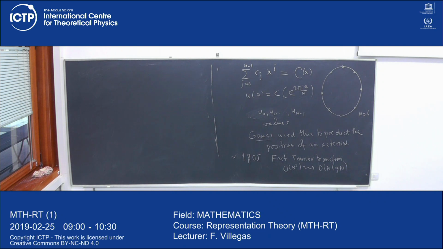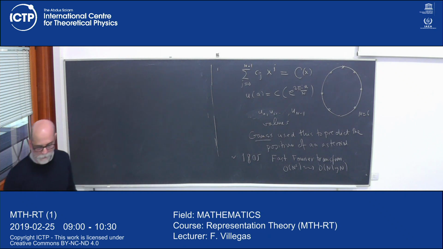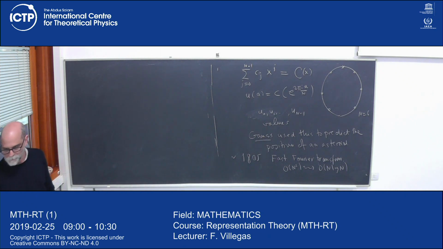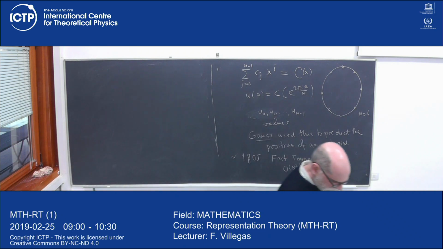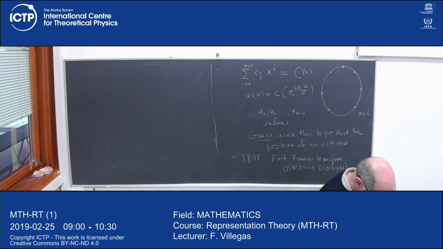And in a way, what we're going to do is each one of the things that we mentioned, more or less, try to carry it over for non-abelian groups. And we'll find various things need to be changed along the way. Okay, so that was dealing with representations of degree 1.